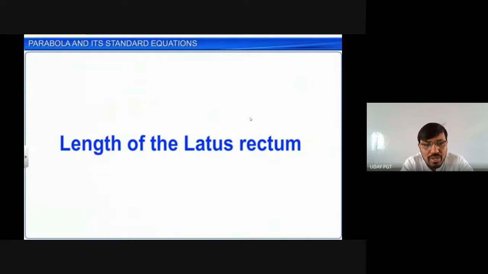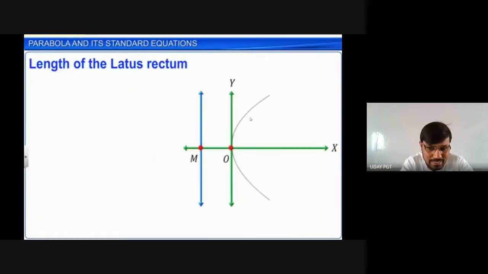Now how do we evaluate the length of the latus rectum in all these cases? What is the definition of the length of the latus rectum? A line segment joining any two points on the parabola, passing through the focus and perpendicular to the axis of the parabola, with both end points compulsorily on the parabola.